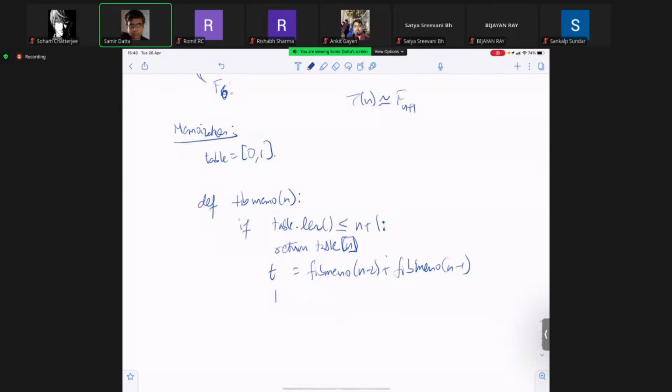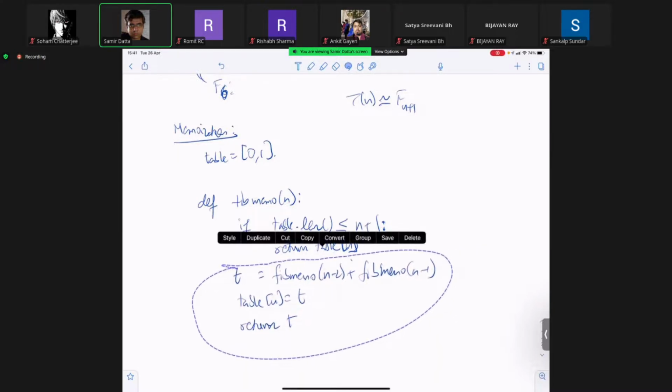You calculated it, now you know that table n is equal to t, and return t. Correct? Why did I do this? What is the difference between the two? Sorry, it should be outside. This should be outside.